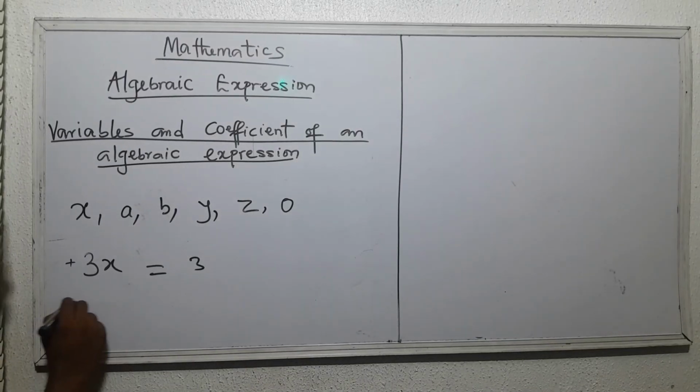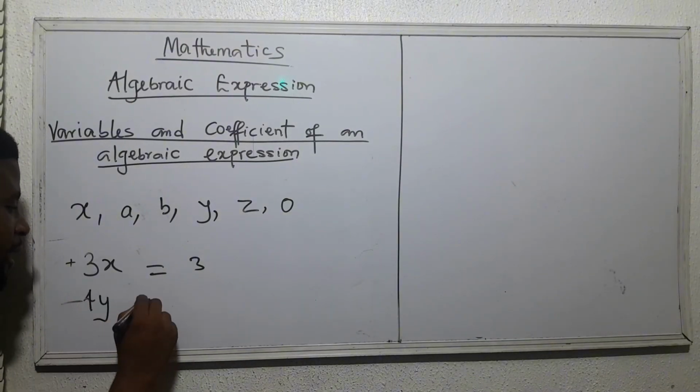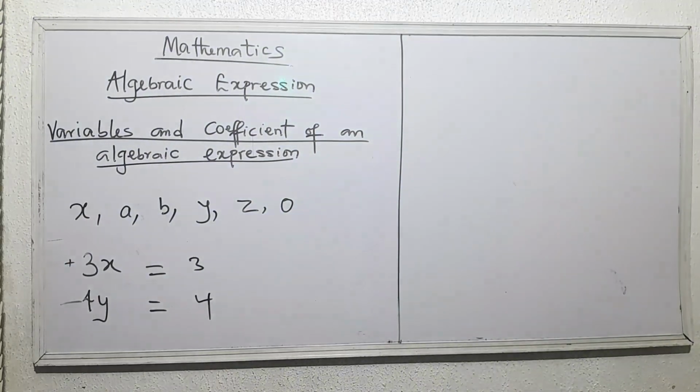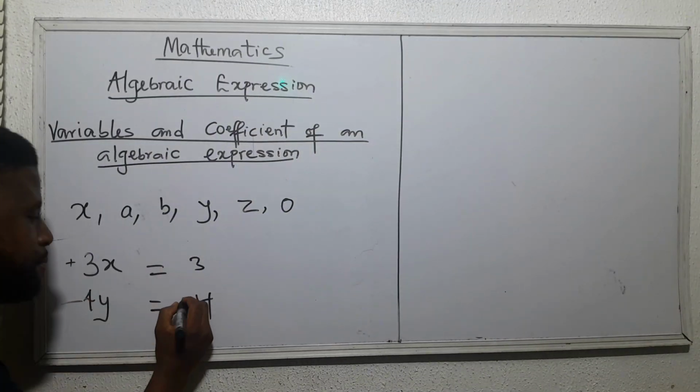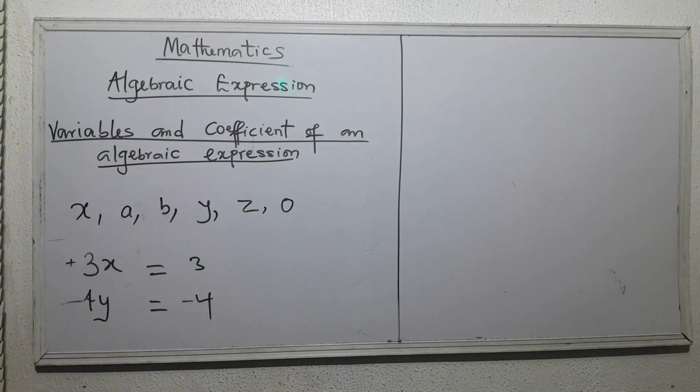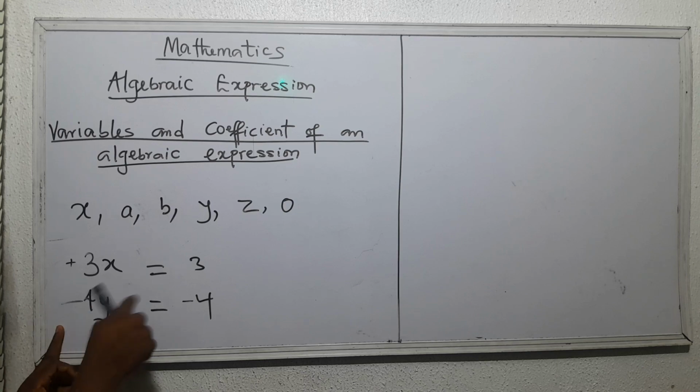However, if I have minus 4y, the coefficient of y will not be 4, but the coefficient of y will be both the sign and the number, which is minus 4. So if you are asked to find the coefficient of y in minus 4y, the coefficient of y is going to be minus 4.